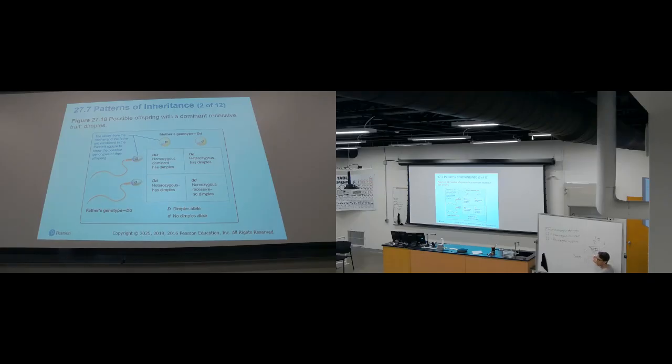So will the person have dimples, yes or no? Yes, the person will have dimples. What about this combination? Heterozygous dominant. Dimples or not dimples? Dimples. Why? Because you have the dominant.